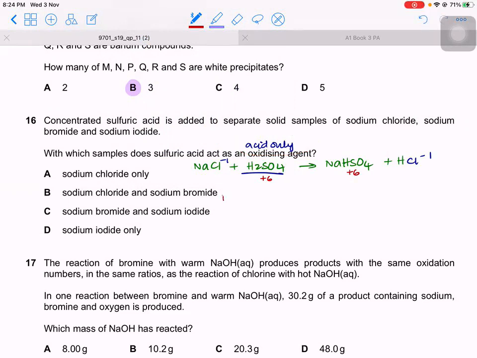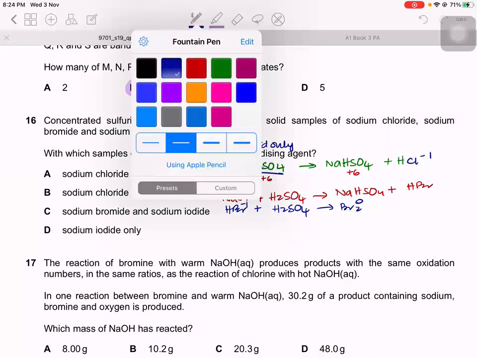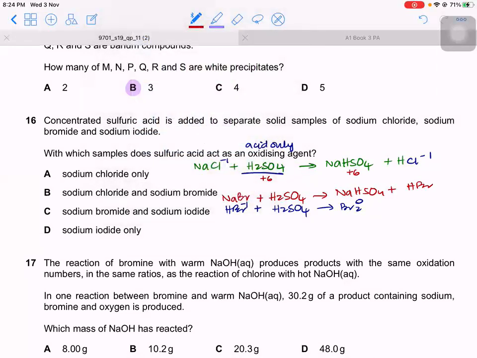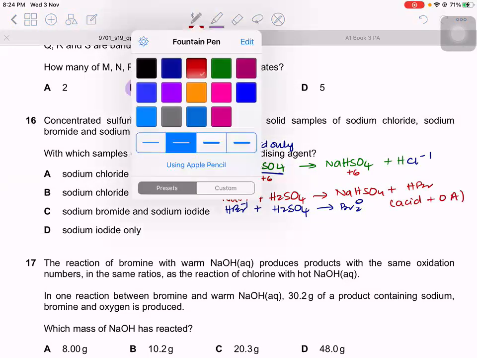Let's see with NaBr. With NaBr, H2SO4 will give NaHSO4 plus HBr. This further reacts with H2SO4 to make Br2. You see, bromine goes from -1 to 0, and there is oxidation of bromine. So here it is acting as an acid plus an oxidizing agent.